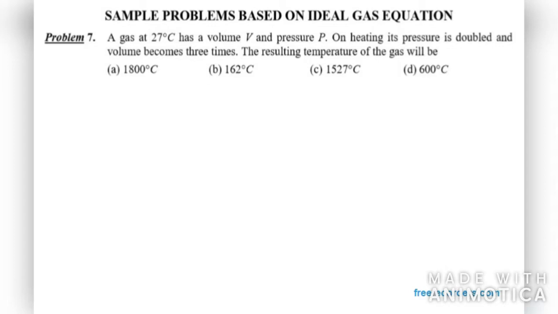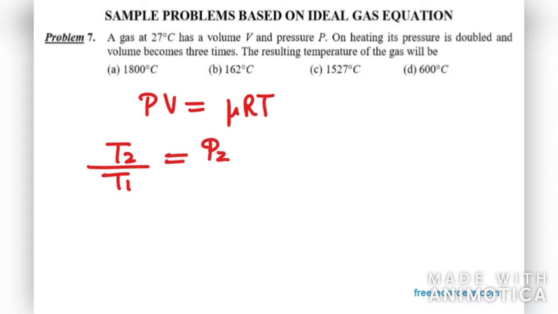So as you know from the ideal gas equation, we have PV equals mu RT, and T is dependent on the P and V values. So I can write T2 over T1 equal to P2 V2 over P1 V1. So this is what we obtained. Now it says that a gas at 27 degrees Celsius, the initial one, has volume V and pressure P. Now when we heat that, the pressure is doubled.